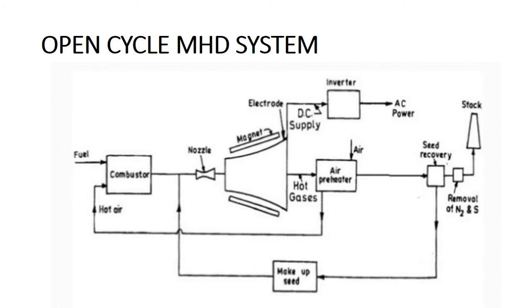The exhaust hot gases are used to heat the air. Understand? And this hot air is given to the combustion chamber, and the process repeats. For the combustion process we require hot air, so the hot air is taken from the air preheater.